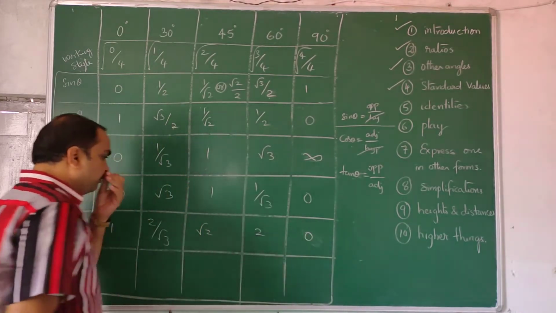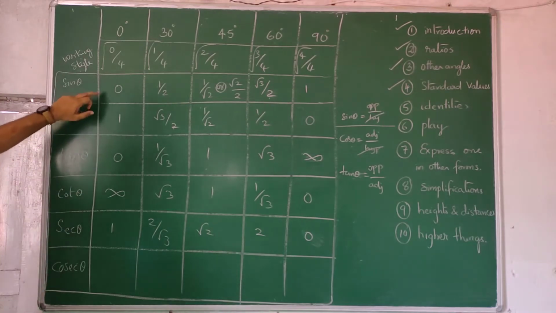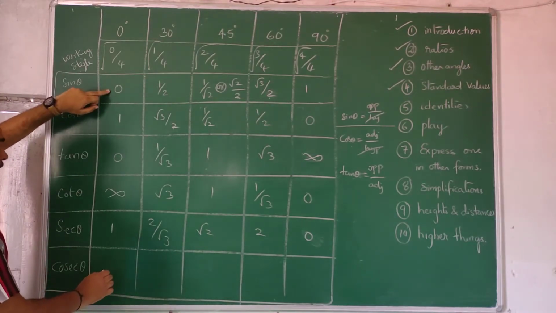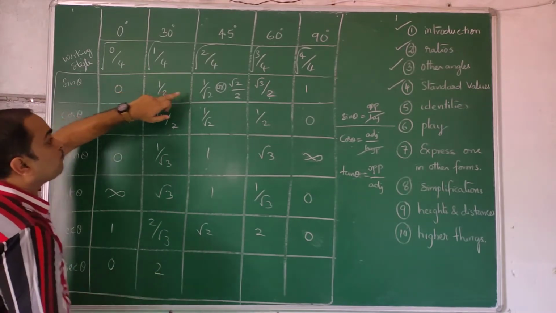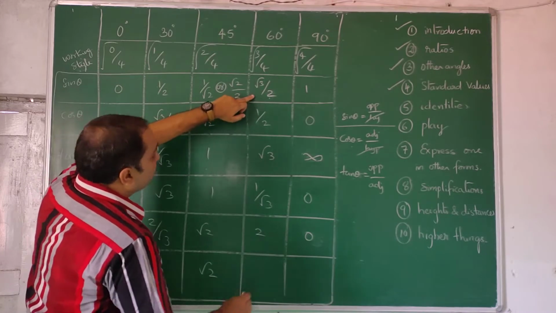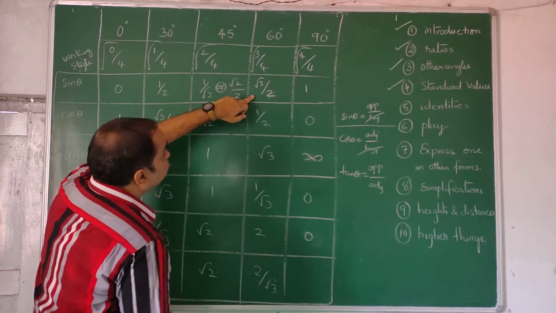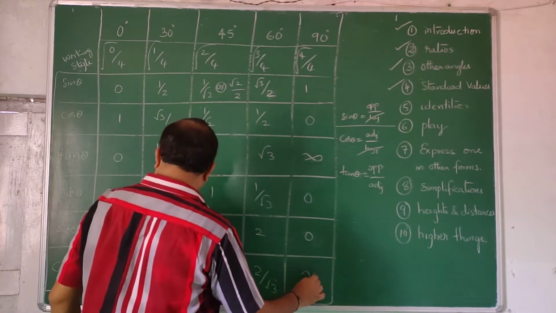Okay. Next. Last one. Sin theta reciprocation is cosecant theta. 0 by 1, 0. Half reciprocation is 2. Root 2. 2 by root 3. And 1 by 0 is infinity.